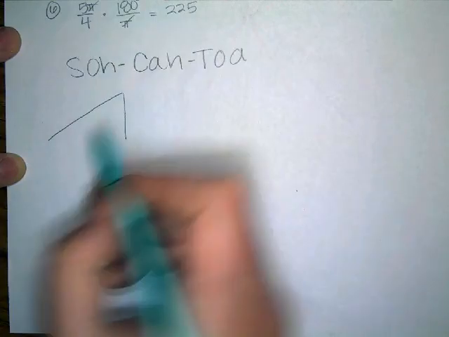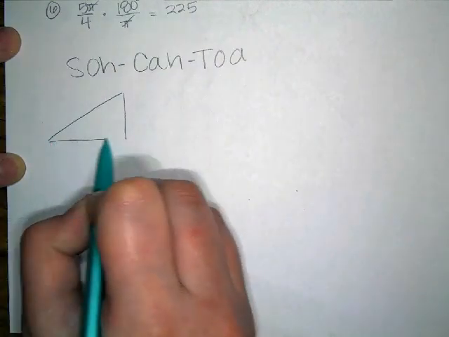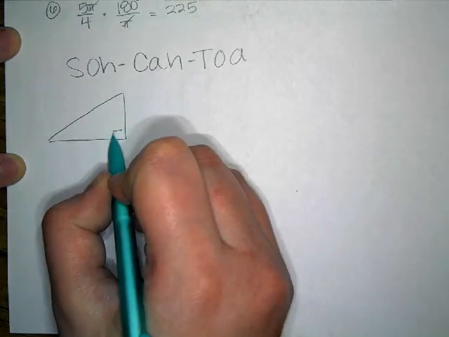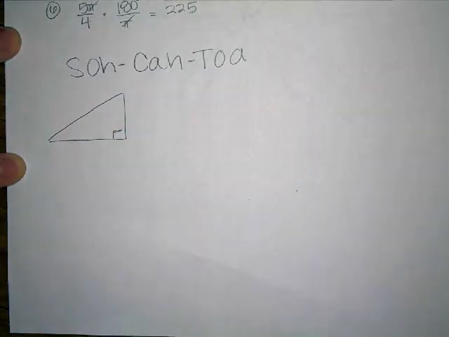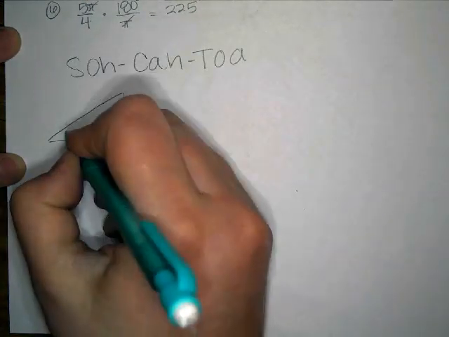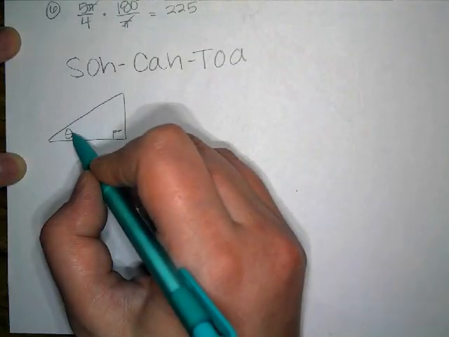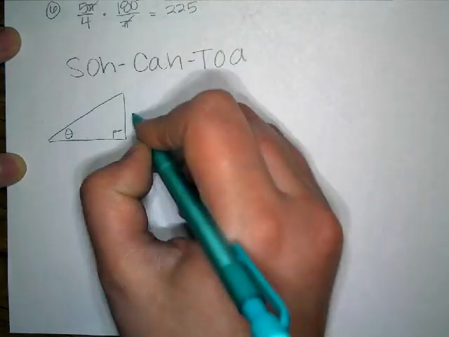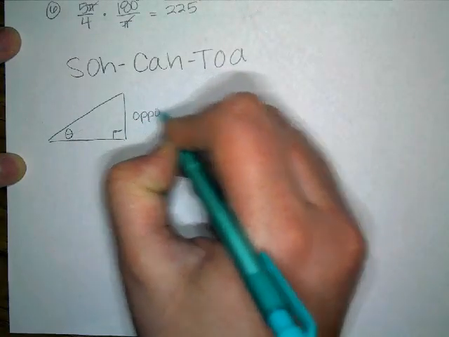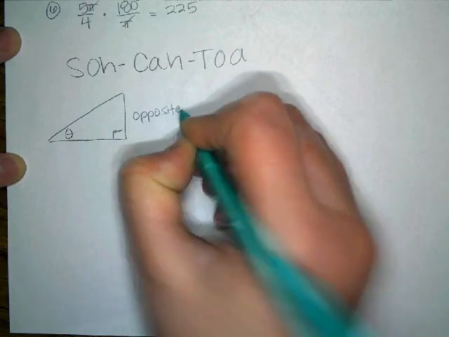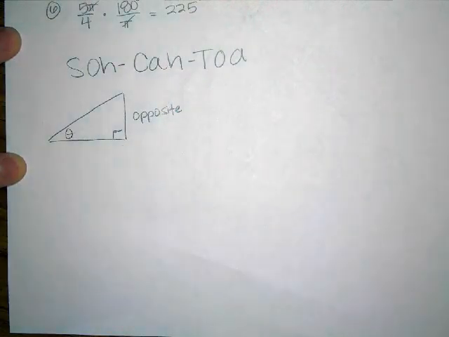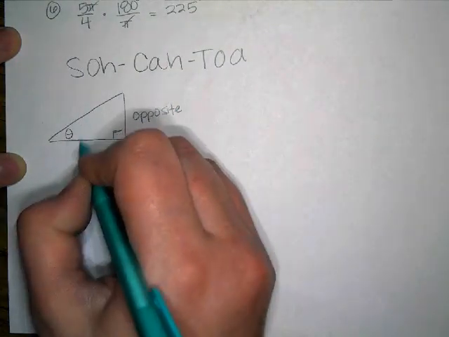So if this is the angle that we're talking about, then we have the side that is opposite of the angle. We have the side that is adjacent to the angle. Adjacent means next to, the side that's right next to the angle.